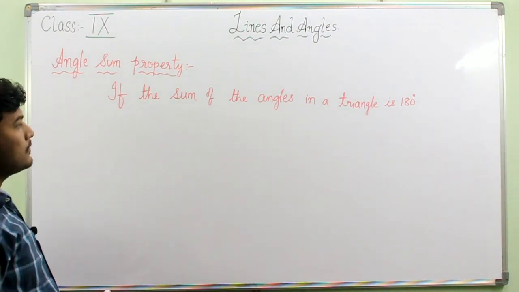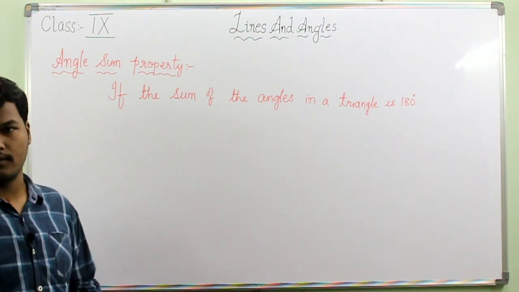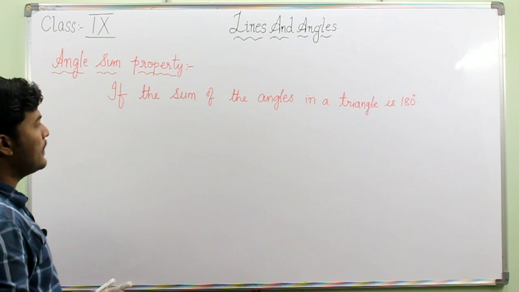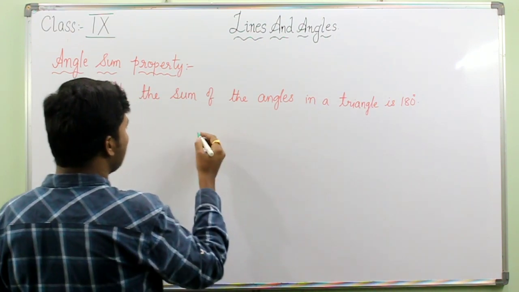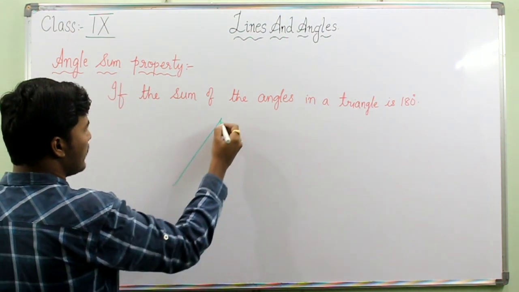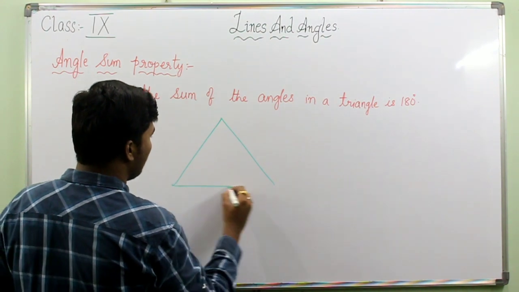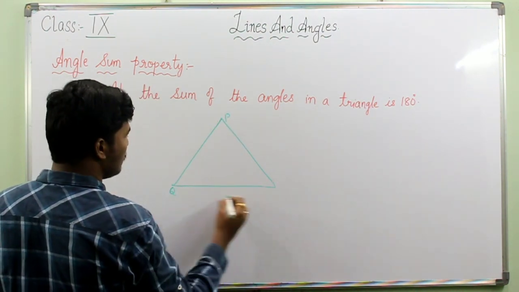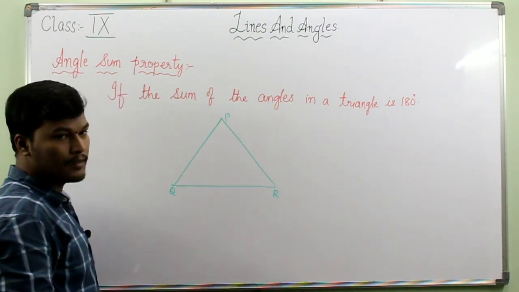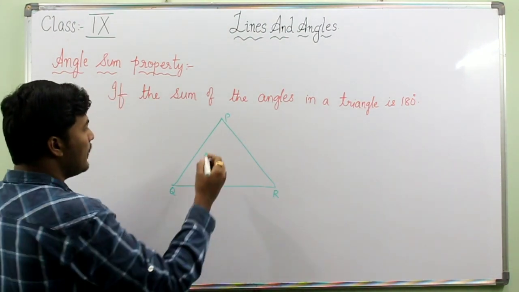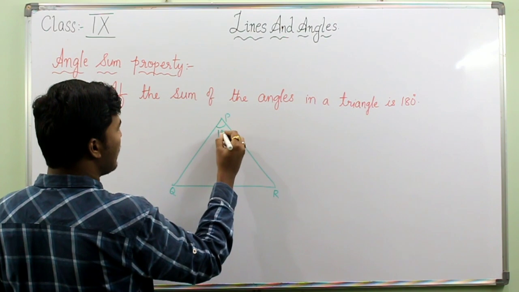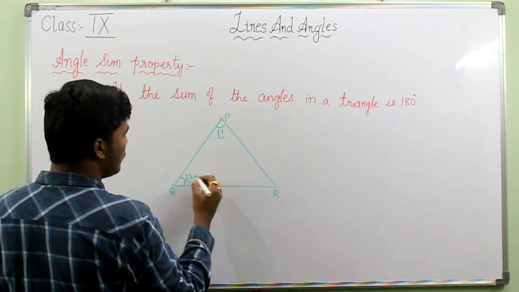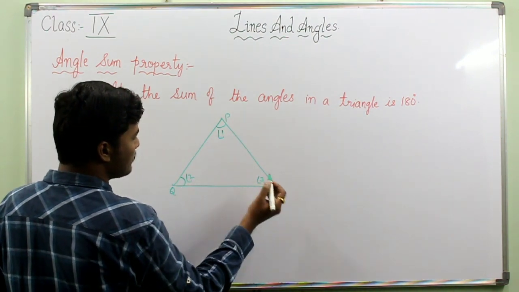Now let us see the proof of this. For that, let us consider a triangle PQR, and let us name these angles as angle 1, angle 2 and angle 3.